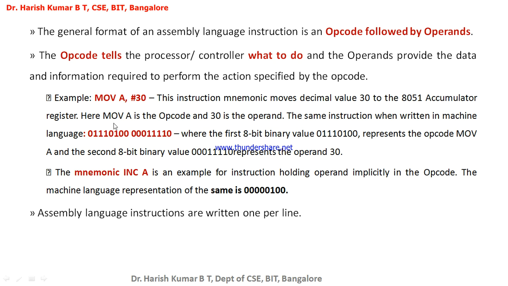The first 8-bit sequence is the binary value representing the opcode of MOV A, and the second is the binary representation of the operand 30. This is what the processor will understand.